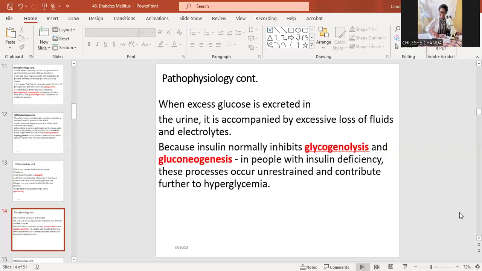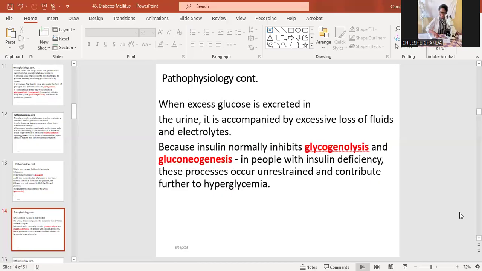Therefore, the cells will now release more sugars, because now glucagon will be released from the alpha cells of the pancreas, and it will allow for glycogenolysis, which is the breakdown of glycogen stores, and it will allow for gluconeogenesis, which is the breakdown of fat and protein molecules to form new glucose to flow in the blood.